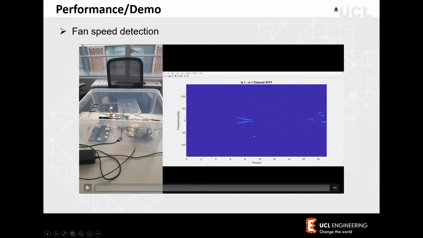And here I will demonstrate fan speed detection with our system. Just plug it in here.